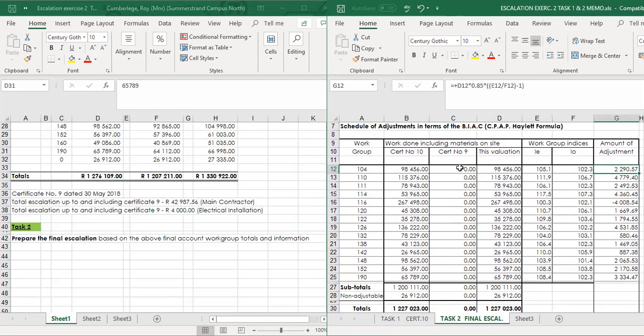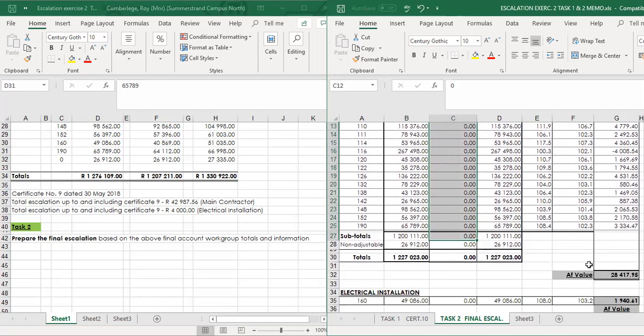The only difference is that the previous totals are 0 and you don't add previous escalation because this is not escalation. It is just to calculate the theoretical amount at practical completion. So that gives me the AF value.